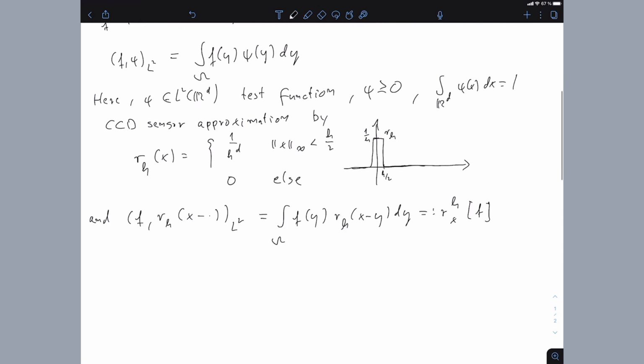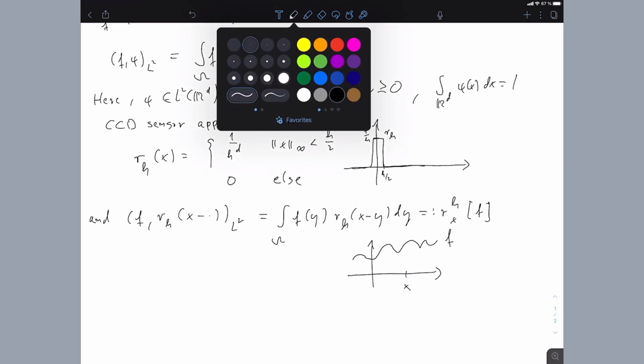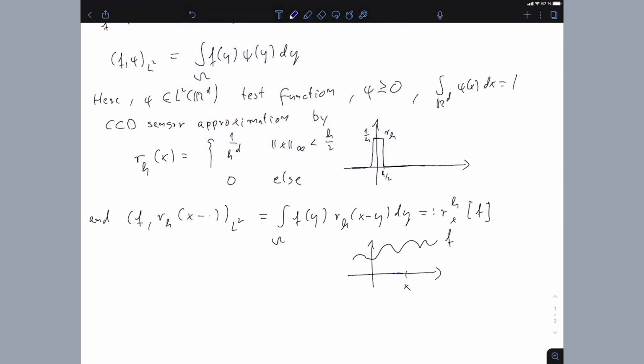And what the scanning then does is, here's our 1D image F, and we now go to the position X. And this RH is like moved here.